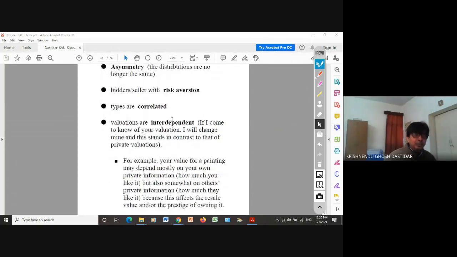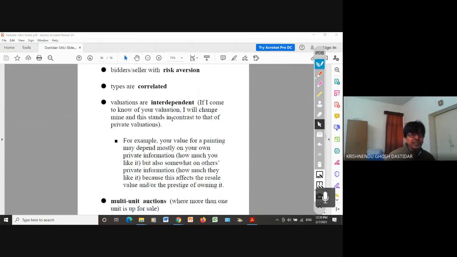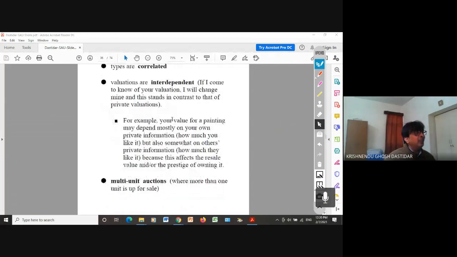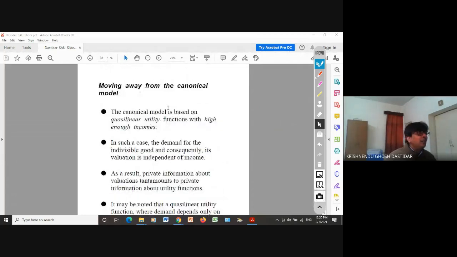I have personally done some work on it, and I'll suggest some open research questions. The next half of the lecture will be devoted to that. So let me talk about moving away from the canonical model. The canonical or benchmark model which I specified is based on quasi-linear utility functions with high enough incomes.